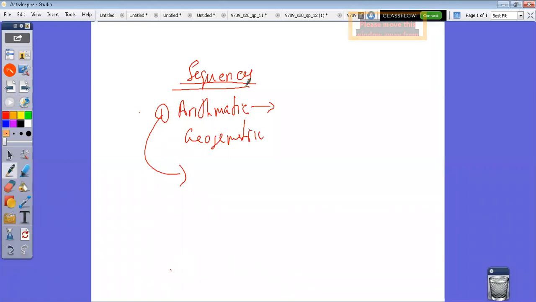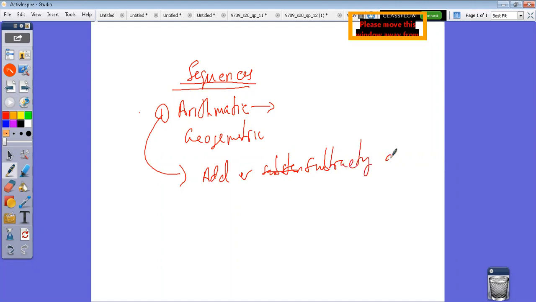Arithmetic: if I've got a sequence, it's when I am adding or subtracting a constant term throughout. A constant term. Clear? That's what we call arithmetic.